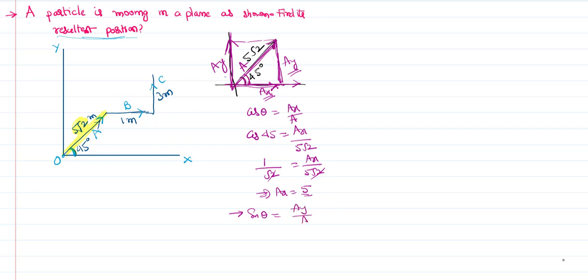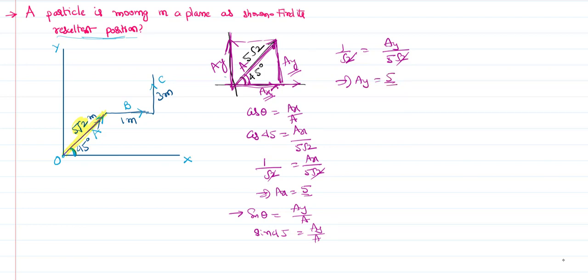We know sine theta is ay by a. That is, sine 45 is ay by a. Sine 45 is 1 by root 2, so 1 by root 2 is ay by 5 root 2. The root 2 again cancels, so ay is also equal to 5.